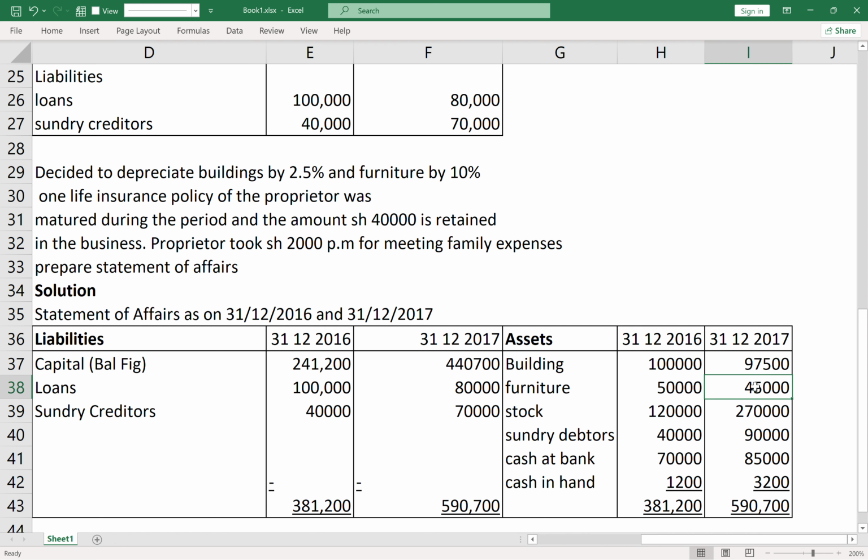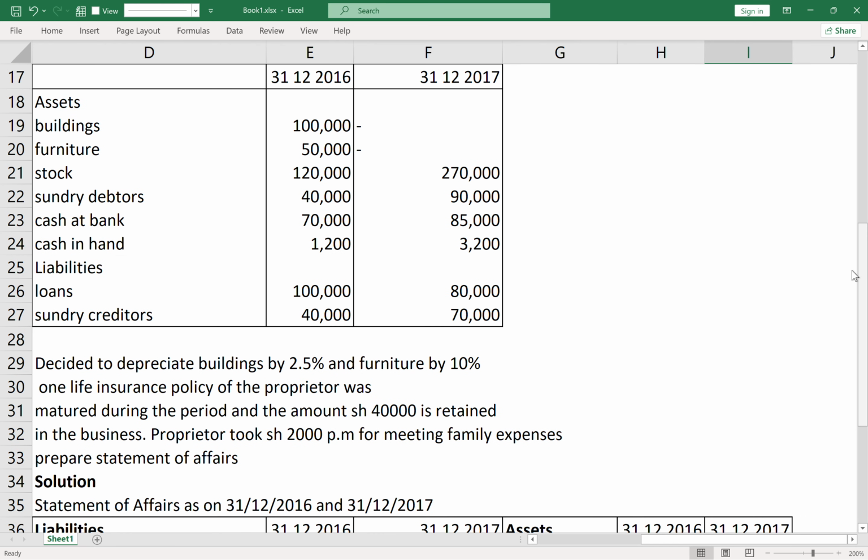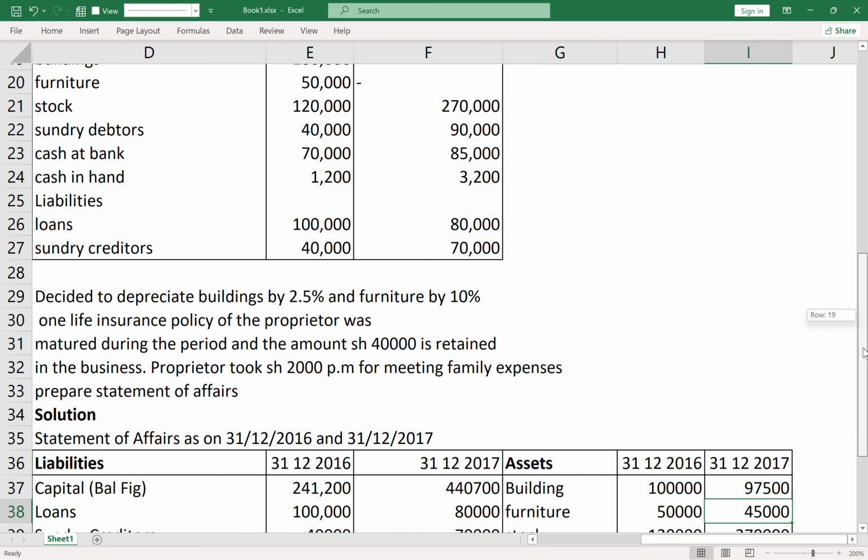So that we get the depreciation amount for each of the building and the furniture, and then we subtract so that we get the amount for the following year. Then the stocks, sundry debtors, cash in bank and cash in hand, that we have been given for both the years, you indicate as they are.